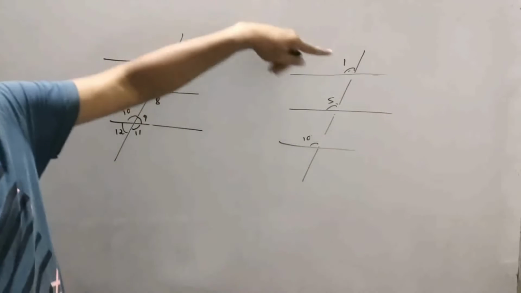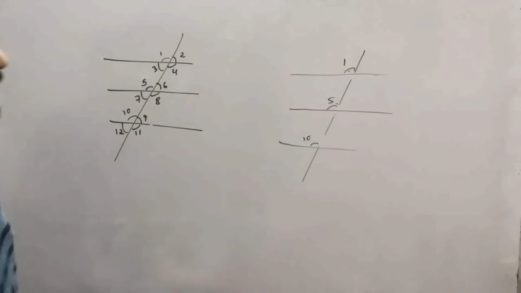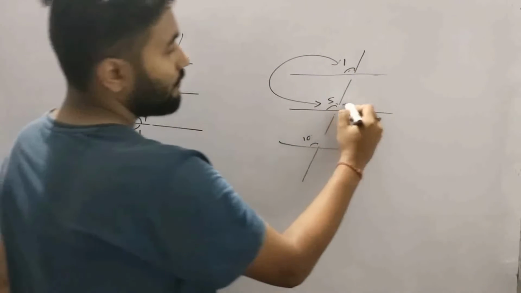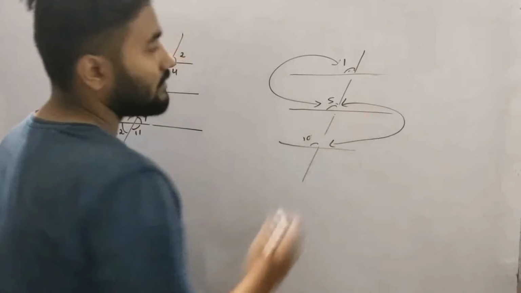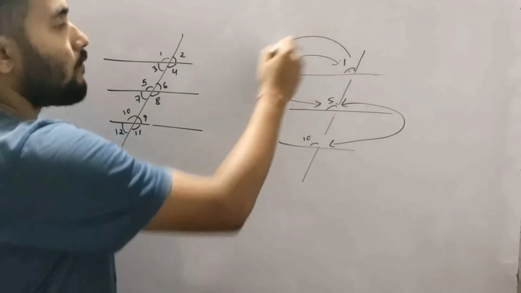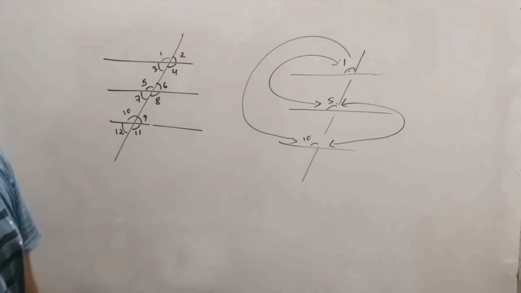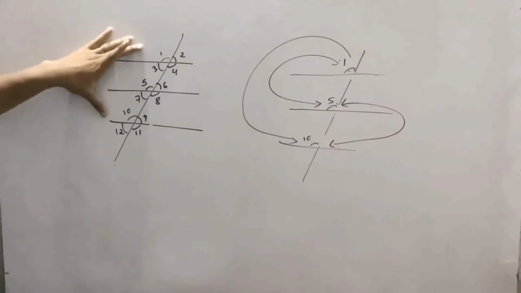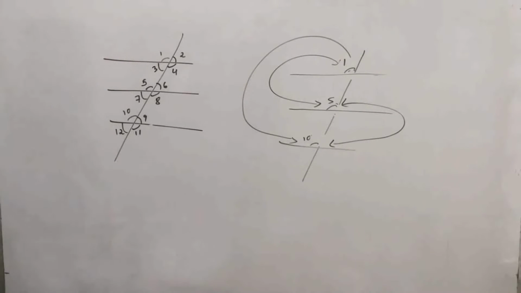And if 5 is not there, then 1 is also corresponding to 10. Isn't it? 1 and 5 are corresponding. 5 and 10 are also corresponding. And if this middle line is not there, then 1 and 10 is also corresponding angles. Understood? 1 and 5 also corresponding, 1 and 10 also corresponding, 5 and 10 also corresponding.